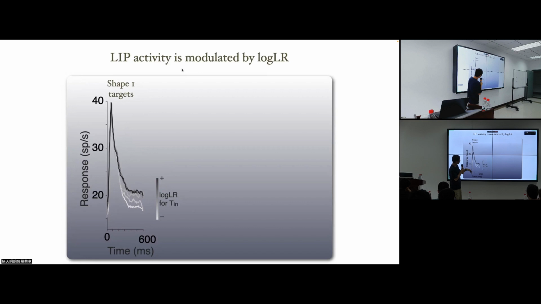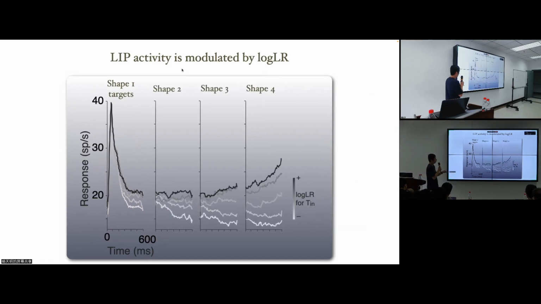After this transient response, we see the response of the neurons diverges according to the evidence contained in the first shape. Here we have 5 traces. These are all trials sorted by the evidence, the log likelihood ratio. More positive is the darker trace, more negative is the lighter trace. And that trend continues when we show the second, the third, and the fourth shape.